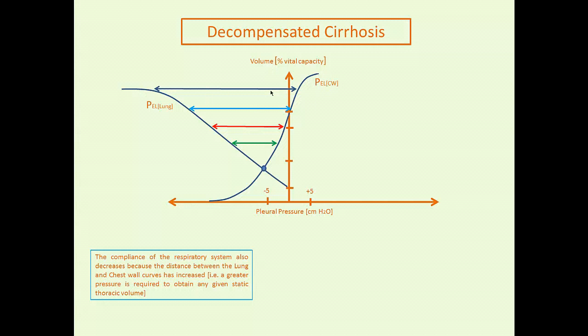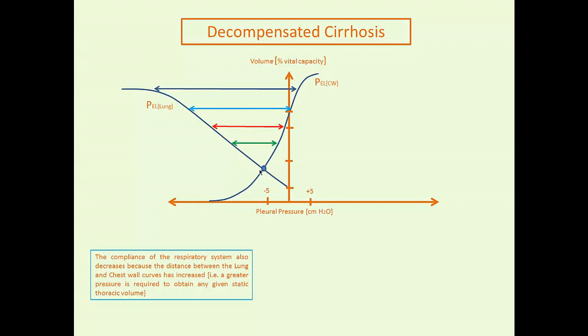Before moving into chest wall compliance, you can see that the drop in the lung compliance results in a larger pressure differential between the lung and the chest wall elastance curves. That means, as I've mentioned many times before, that this lateral distance here, again referring to pressure on the x-axis, between the static compliance curve of the lung and the static compliance of the chest wall represents the amount of pressure that must be generated by the muscles of inspiration to generate this particular volume.